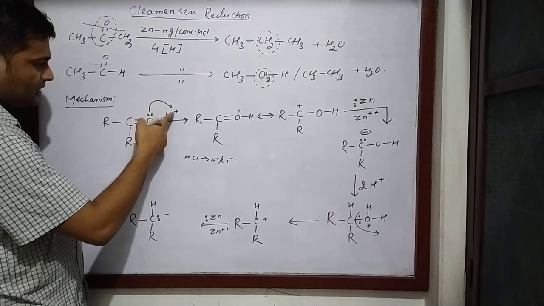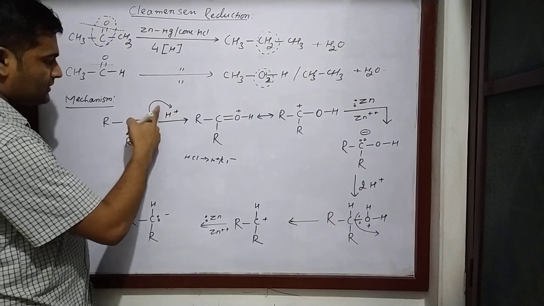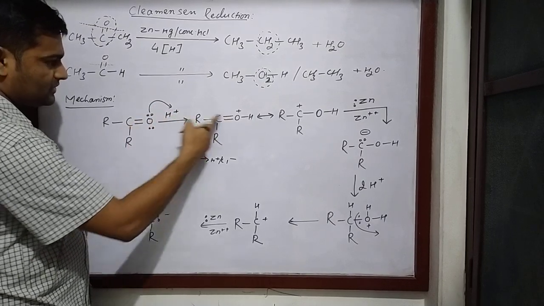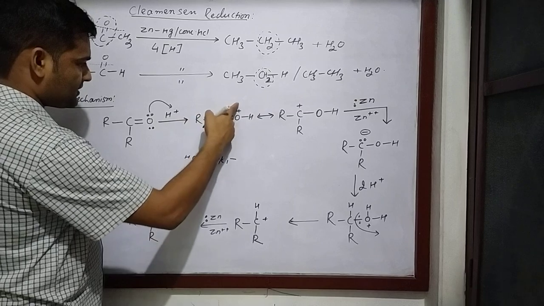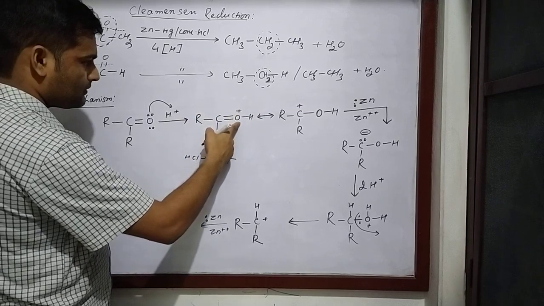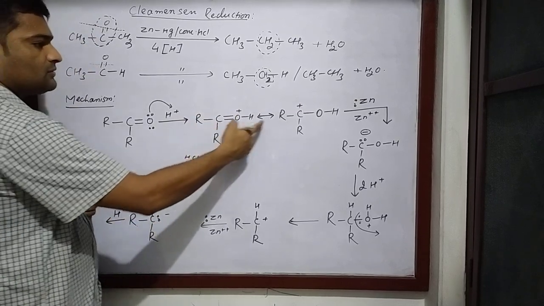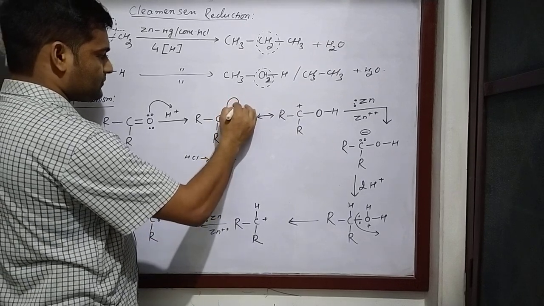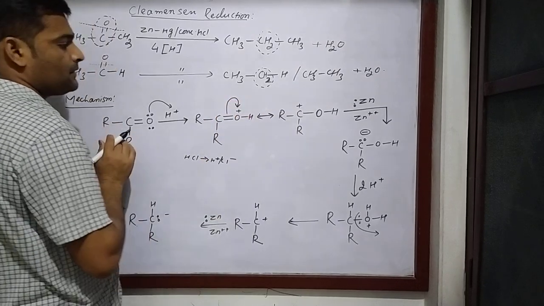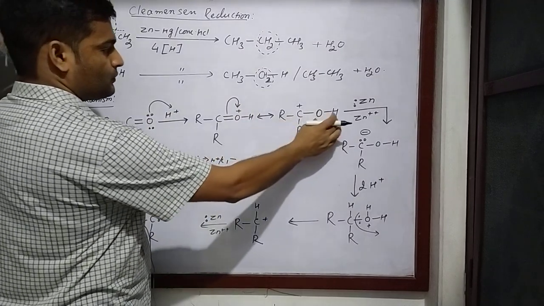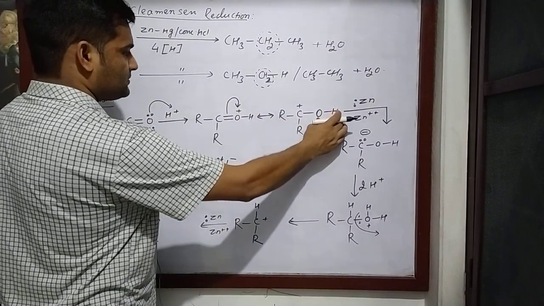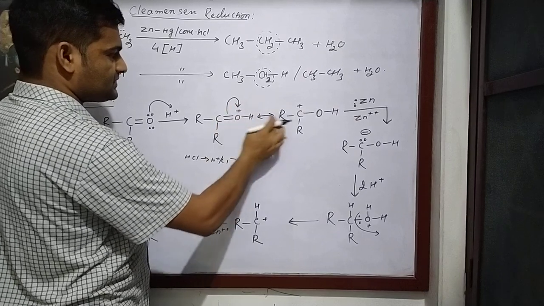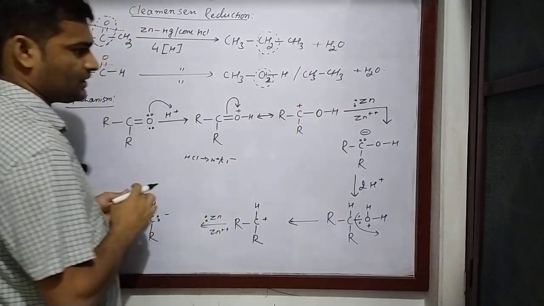When the lone pair attracts this H+, the oxygen forms a bond with it and becomes positively charged, or it undergoes resonance. When the pi bond shifts towards the positively charged oxygen, an OH group is formed, and the positive charge shifts to the carbonyl carbon.